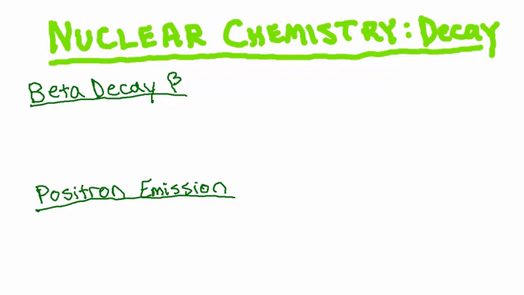Now, beta decay is an electron emission. It's the same thing as an electron emission. And remember, emission just means to emit, to give off. So this is giving off an electron. An electron emission is beta decay. There's beta. Now it only gives off an electron.